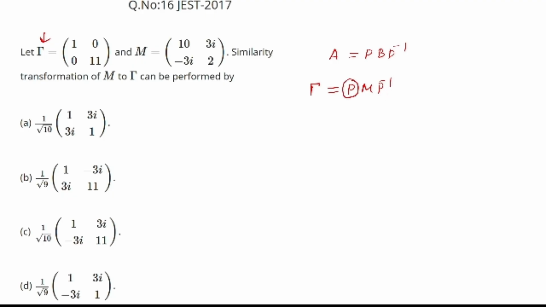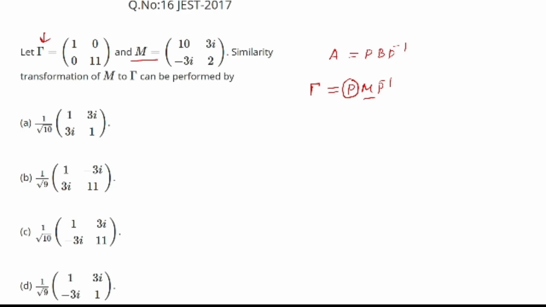To find this transformation matrix P, we first have to find the eigenvalues of M as well as the eigenvectors of M. Then we can easily build the transformation matrix.